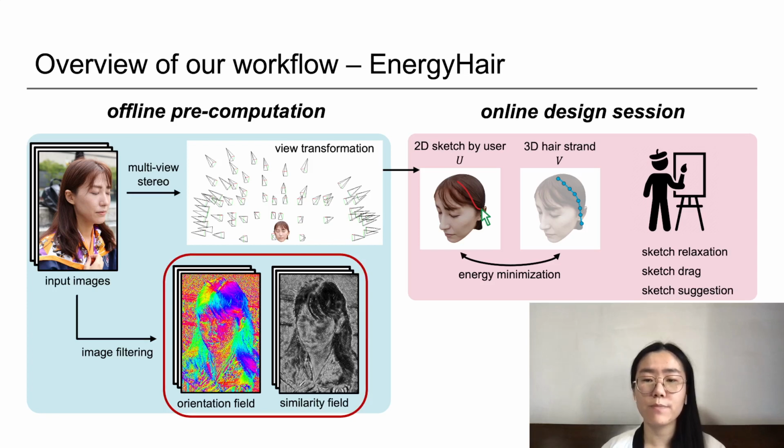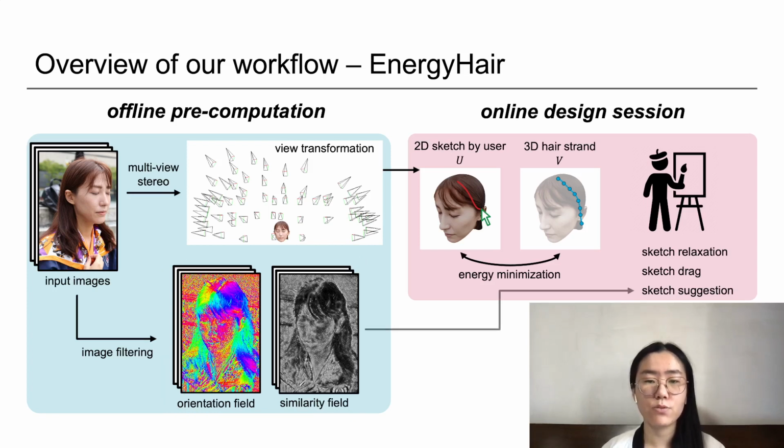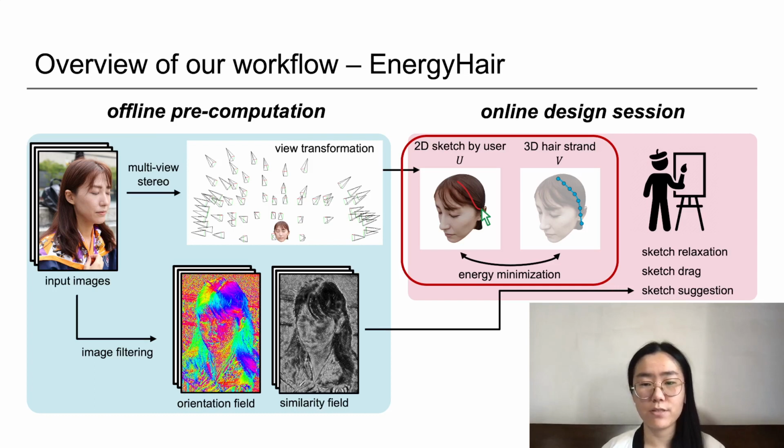Also, we pre-compute necessary data to suggest sketches for users. The online design session uses the energy minimization method to balance the 2D user sketch and the 3D hair strand.